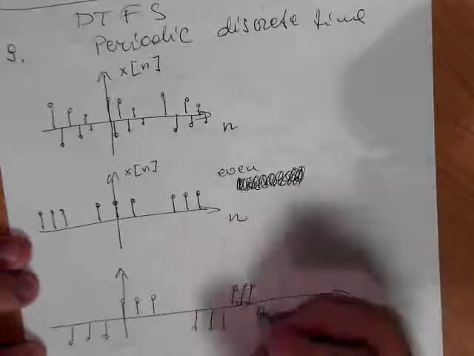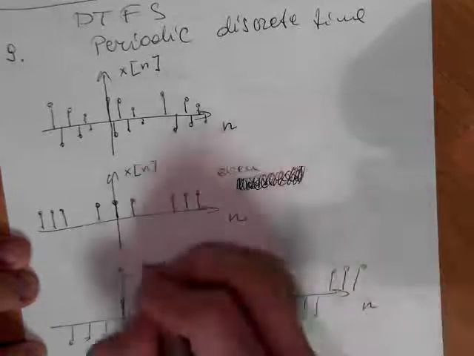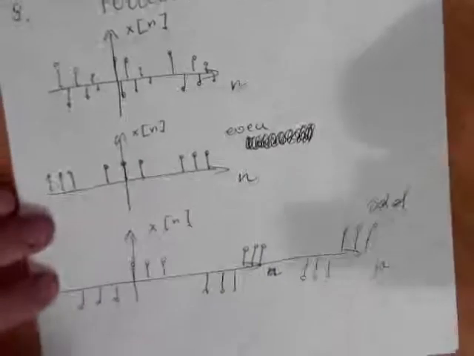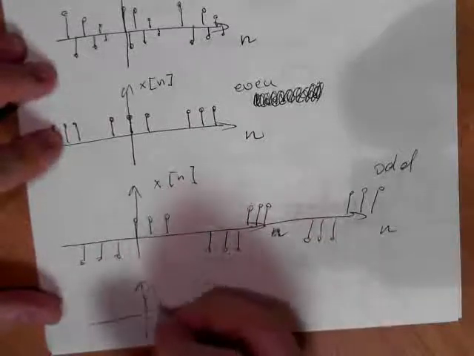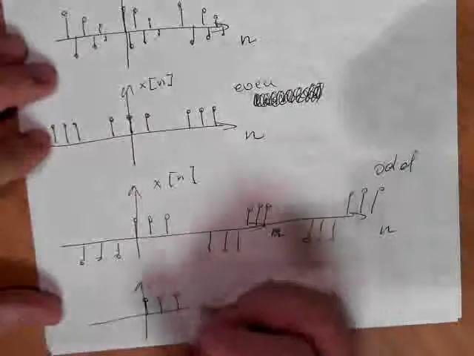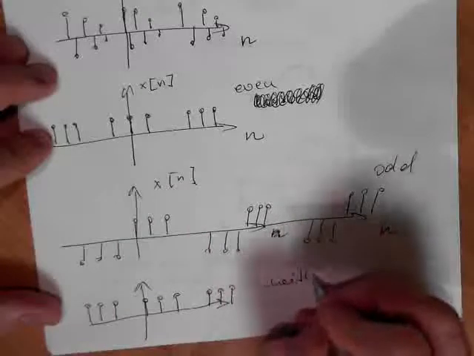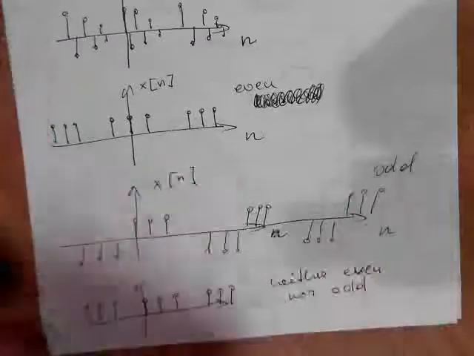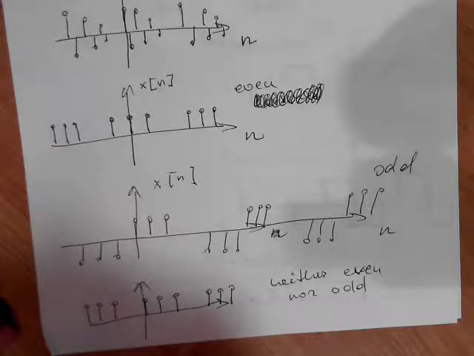This is some kind of representation of an odd signal, and a neither even nor odd signal would be like this signal just shifted. This is neither even nor odd. Now we go to question number 10.